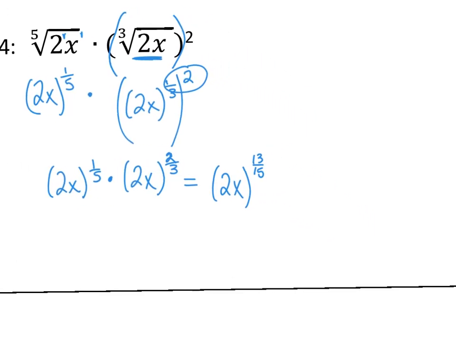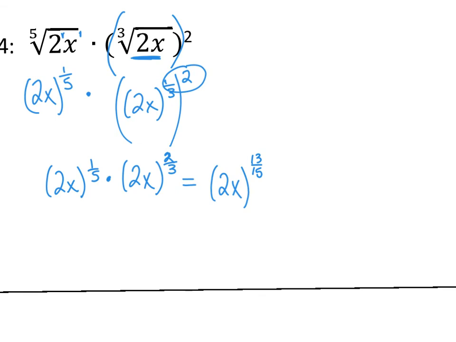So now, can't leave it like that, but I can rewrite it as 2x to the, and what's my index? 15th. Okay. So the 2 is currently to the first power.